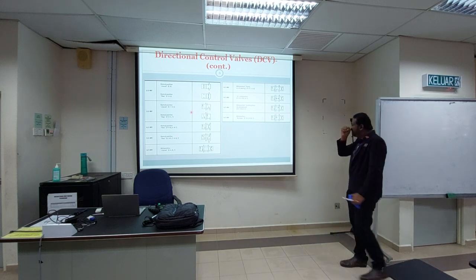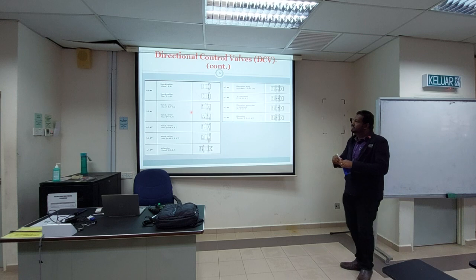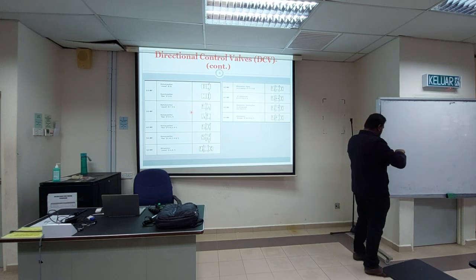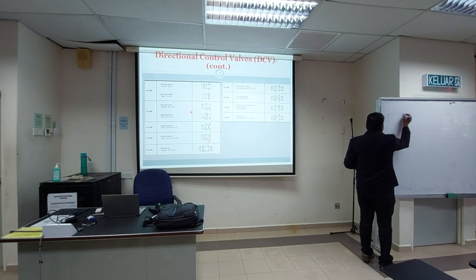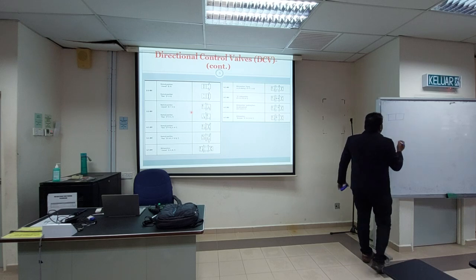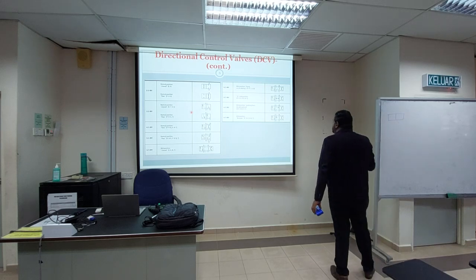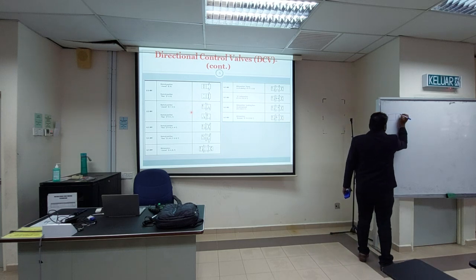Okay, so what else we can see here? Okay, port. So yang ni I reset balik. So we just ambil untuk 2 position punya situation. Port selalunya, I just lukis 4 lah.